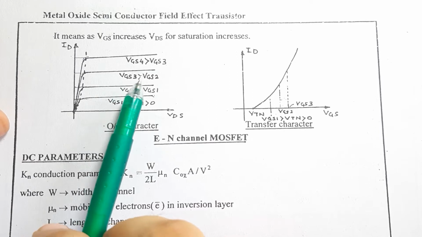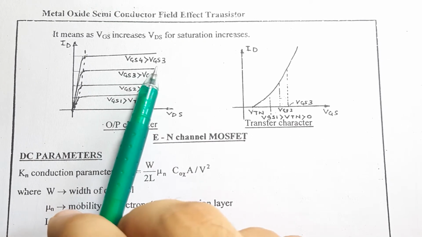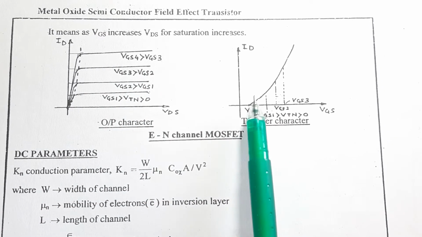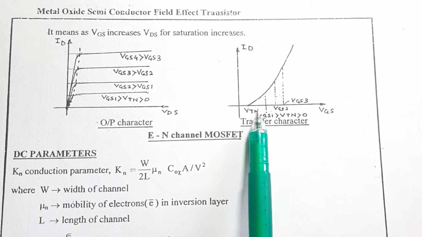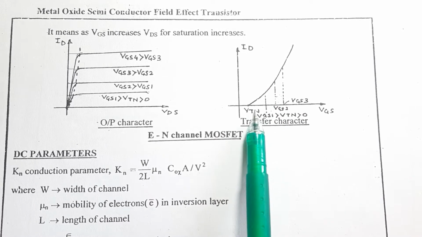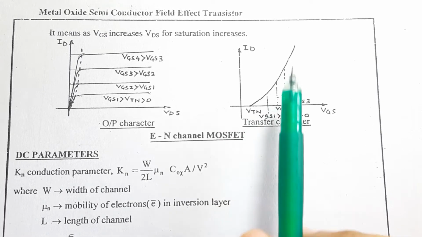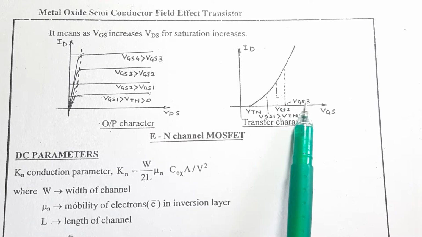The third is for VGS3 greater than VGS2, and VGS4 is greater than VGS3. Now if you look at the transfer characteristic, the graph is almost linear, wherein the transfer characteristic starts from the threshold voltage, and after a certain point it keeps on increasing at an exponential rate, wherein VGS1 occurs first, then VGS2, then VGS3.